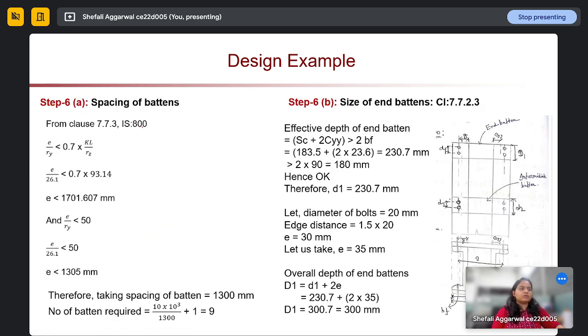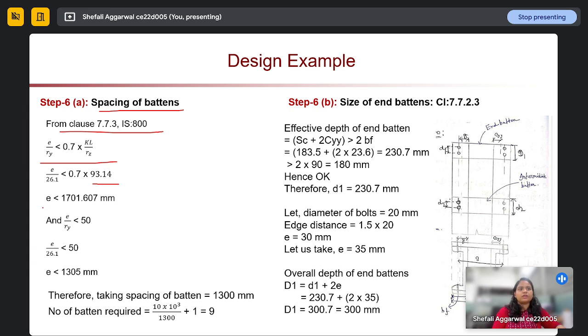Next is to calculate the spacing of battens. That was the spacing of our column section; now we will calculate the spacing for our battens. For calculating the spacing of battens, using IS 800 clause 7.7.3, this is our condition: the spacing E upon r_y should be less than 0.7 of KL upon r. KL upon r is our slenderness ratio, which we have already calculated as 93.14.